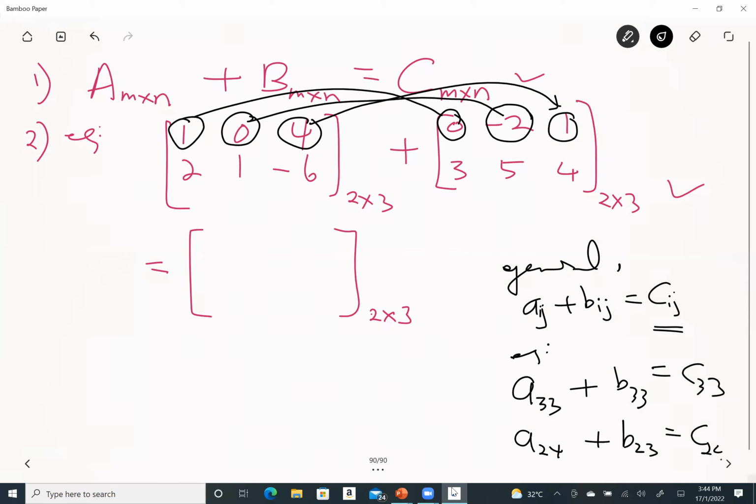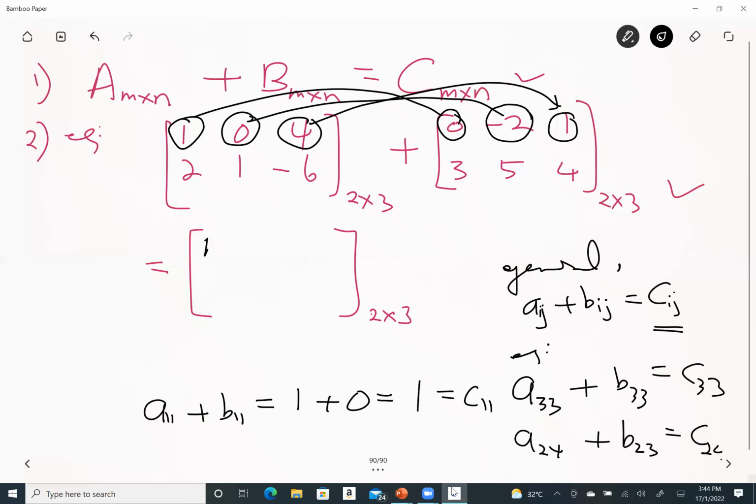So in the example that we have, I have A11 plus B11. What is the element? 1 plus 0. That is equal to 1. So 1 is the element in the first row, first column, so that will be equal to C11. So you do that for every element.